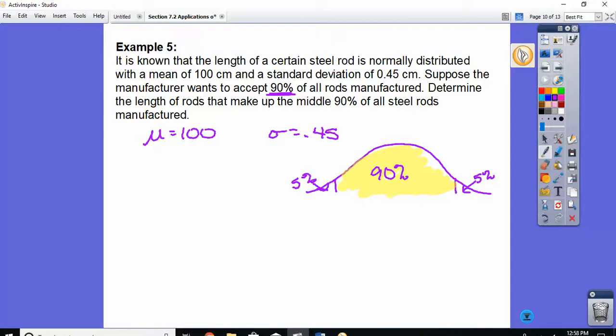All right. So we are trying to find x again. So we're working backwards from the table. This first one, area to the left would just be 0.05. So this first one, the probability is 0.05. So we have to find the z that corresponds to that.